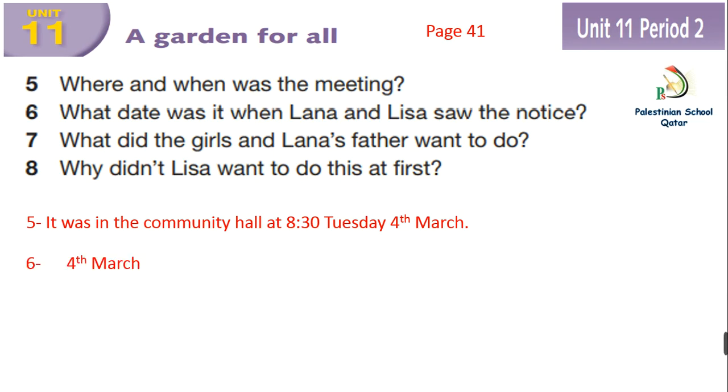It was 4th March. So, number 7, what did the girls and Lana's father want to do? Yes, of course, they wanted to join the project and build the garden.